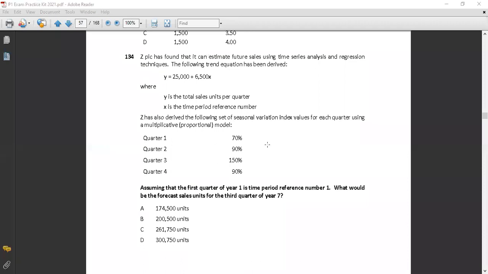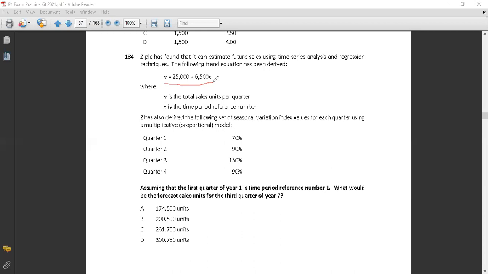Now we see question number 134. 134 says that they are using both time series analysis and regression technique. The following trend equations. They have already established an equation: y is equal to 25,000 plus 6,500x. Y is the total sales units per quarter. X is the time period reference number.